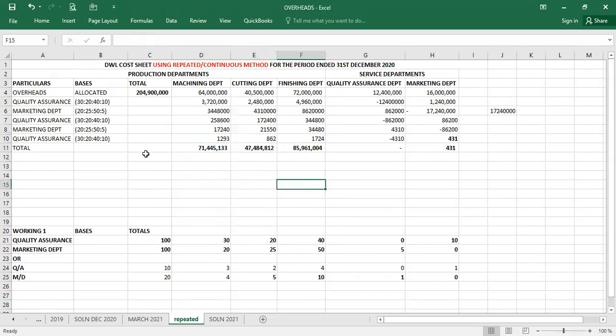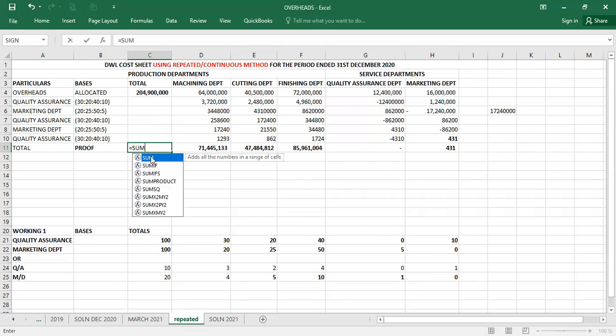We said, how do we prove? The way we prove this is, let me just put proof. Proof is that when you add this plus this plus this, you must be getting this. It will be equal sign sum this to there.